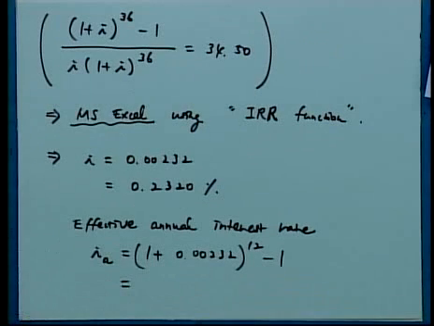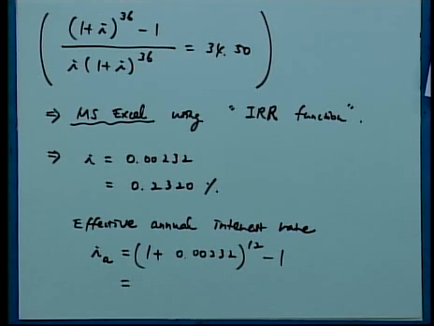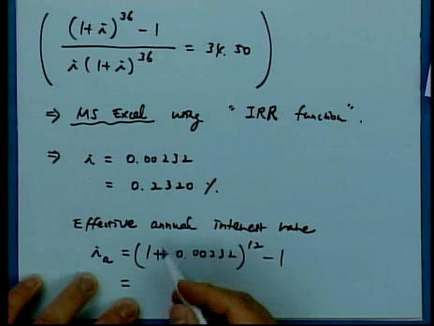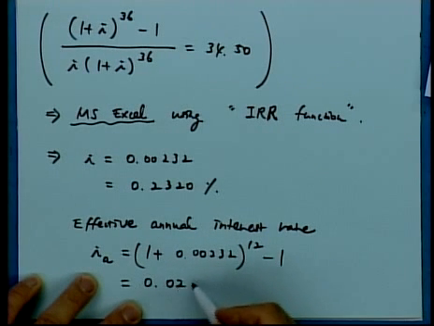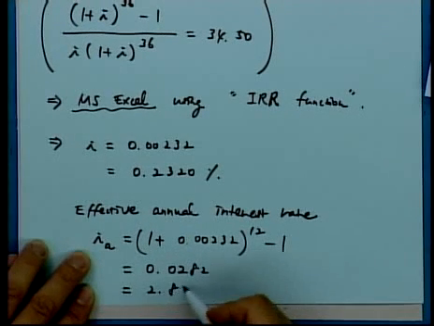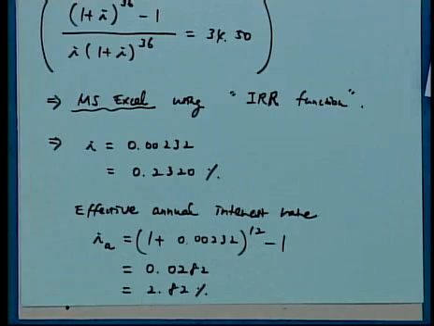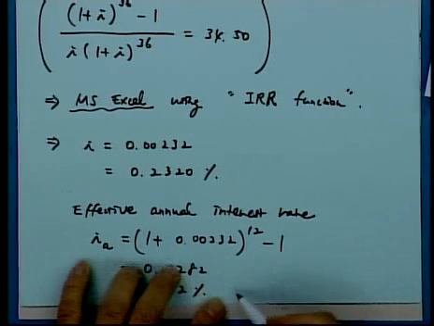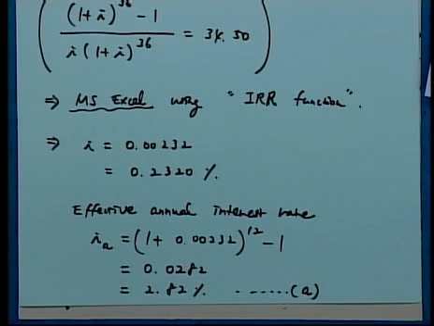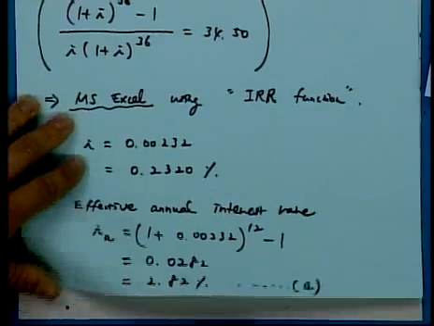So how much is that? Okay, that's going to be 0.0282, which is 2.82%. Okay, so there is the answer for part A. The effective annual interest rate is 2.82%.